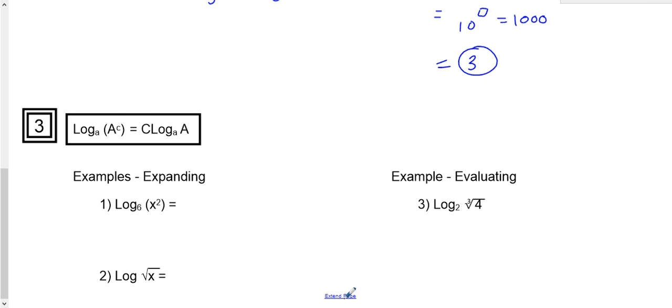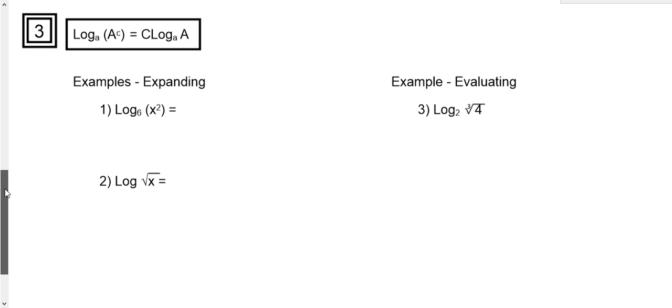And on to the third law. The third law is to take log base a of a to the c, with an exponent, and move that exponent so that it is out in front, being multiplied by log base a of a.